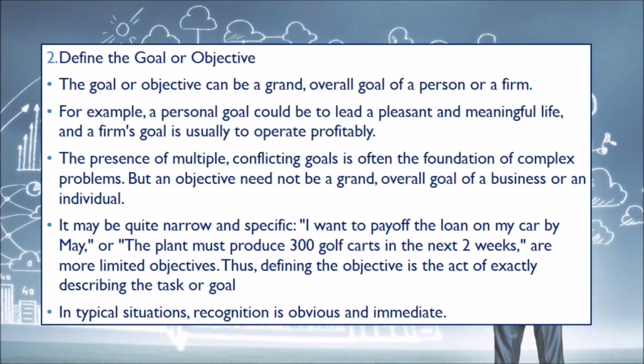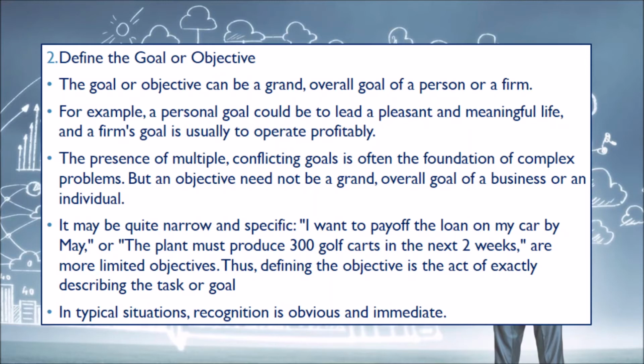Step 2. Define the goal or objective. The goal or objective can be a grand overall goal for a person or a firm. For example, a personal goal could be to lead a pleasant and meaningful life, and the firm's goal is usually to operate profitably. The presence of multiple conflicting goals is often the foundation of complex problems, but an objective need not be a grand overall goal for a business or an individual.